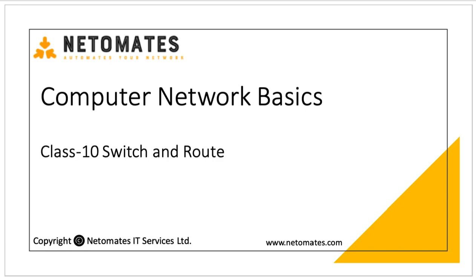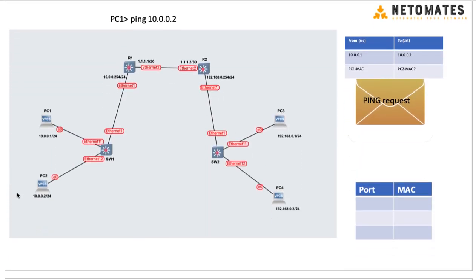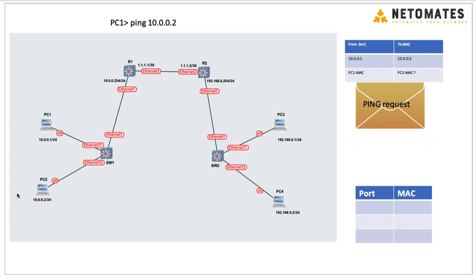Class number 10. In this class I will discuss a topology which consists of both switching and routing. We have two PCs, PC1 and PC2, on one side and PC3 and PC4 on the other side.